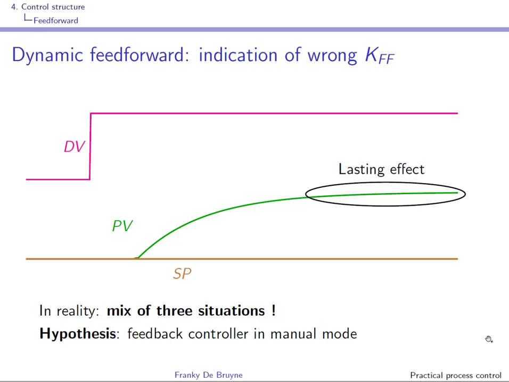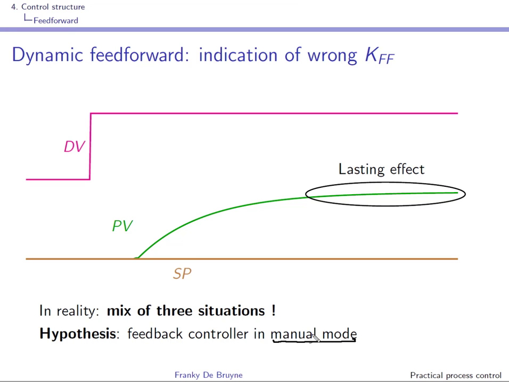Well, in order to check if the dynamic feed forward is working properly, what you should do is of course test it in the presence of a disturbance, and of course you should make sure that your feedback controller is in manual mode, so that the controller does not interfere with this monitoring of the dynamic feed forward.